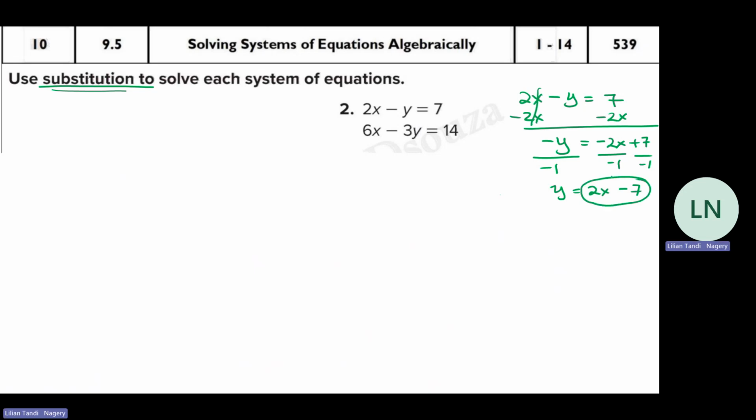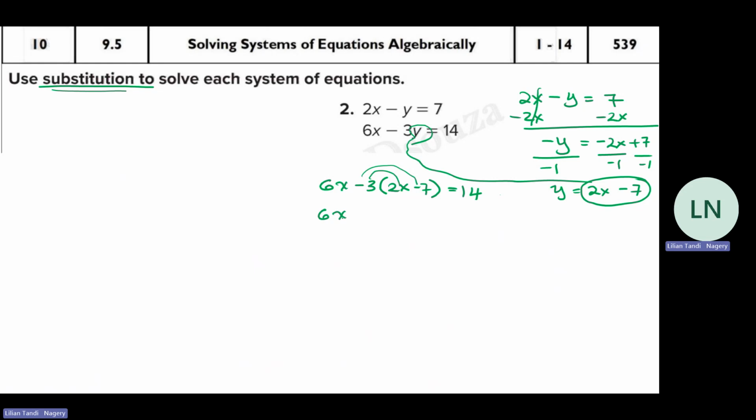I will take this part and replace it here. So now I have 6x minus 3(2x minus 7). Write clearly so you don't make a mistake. I will do distributive property.